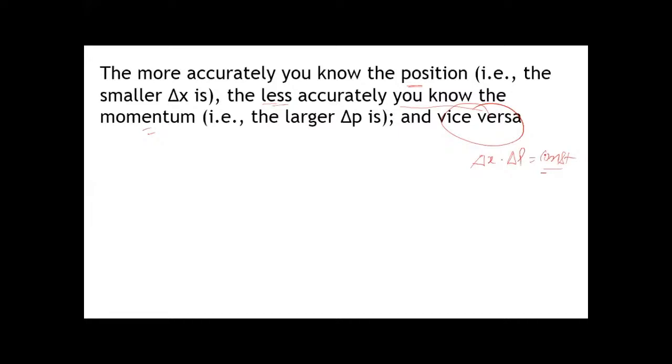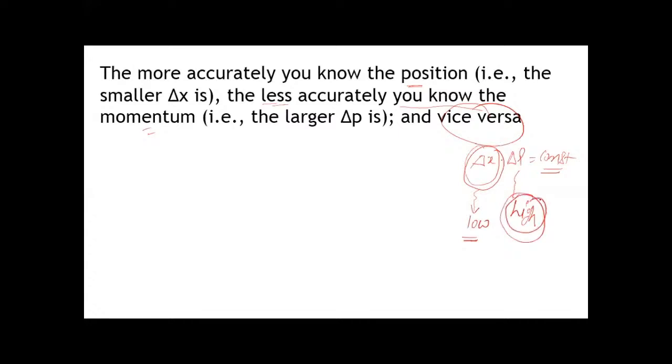It means if the value of delta x is low, then the value of delta p is high, and vice versa. If the value of delta x is low, then the value of delta p is very high.